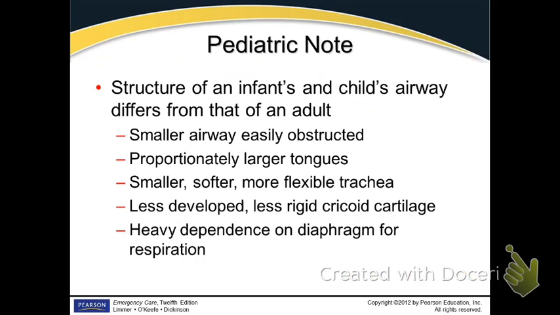Adults are not belly breathers. You should see a pronounced movement of the abdomen when an adult is breathing normally. That, in adult, is called an accessory muscle. They use the abdomen as an accessory muscle to help them breathe, to help push air in. In a pediatric patient, they're normally belly breathers.